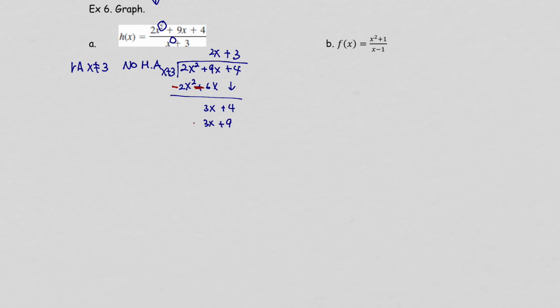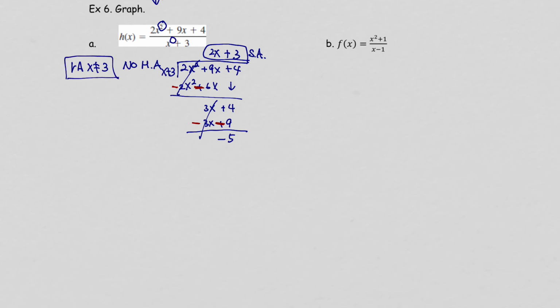Again, you subtract, the signs change. So it will be no more x, and it will be negative 5. So this is going to be your slant asymptote. So you have a vertical asymptote and a slant asymptote.